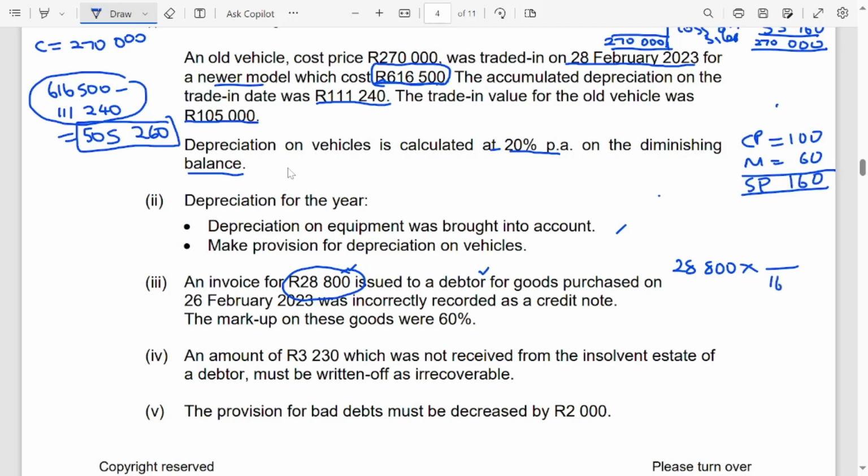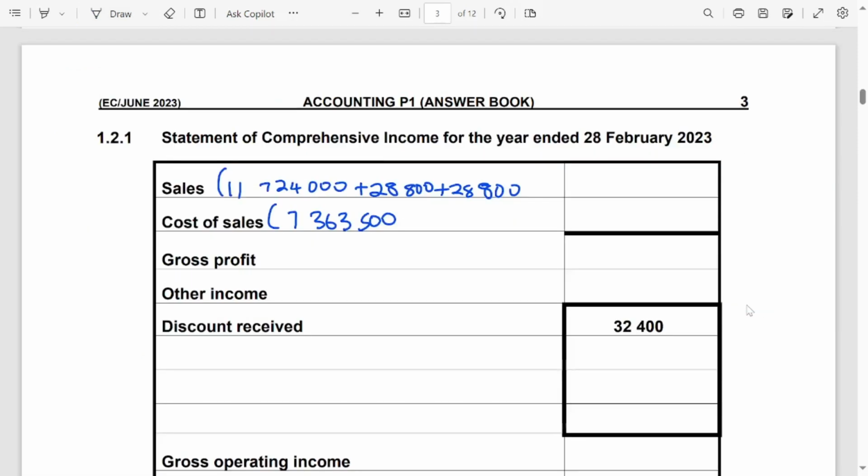Below we are going to put what we have, which is 160. Then above we are going to put what we want, which is the cost price, 100%. This is going to give us 18,000. So we have to go and increase the cost of sales.